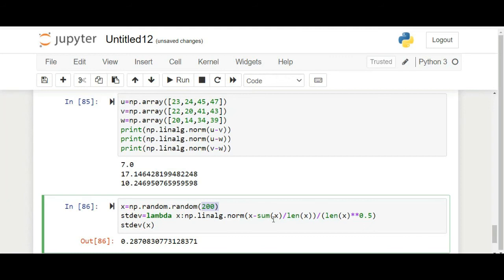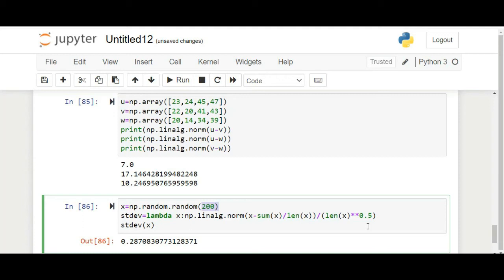This is the formula for the standard deviation. x minus sum of x divided by natural log of x, and then the square root of len x.